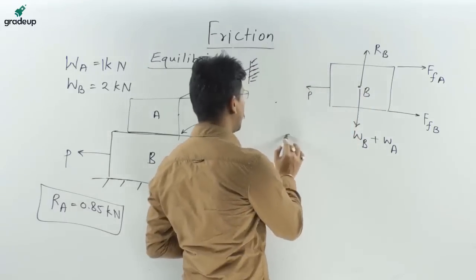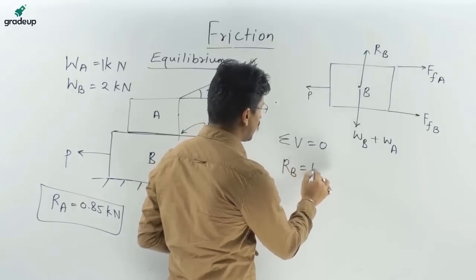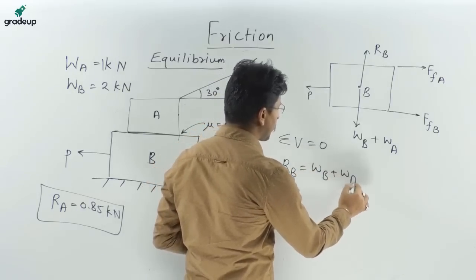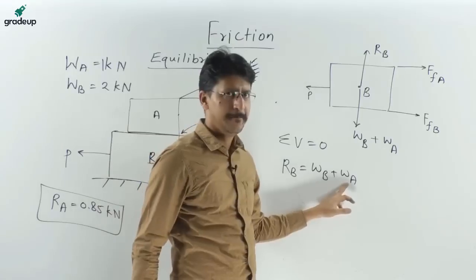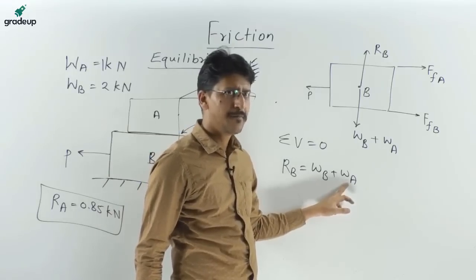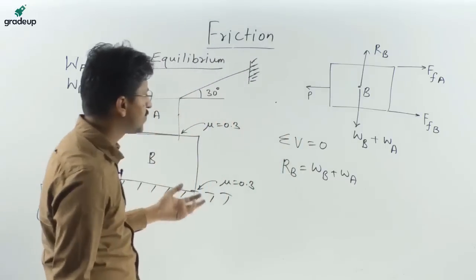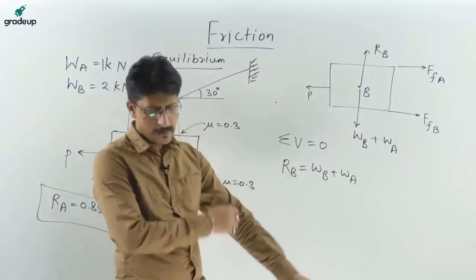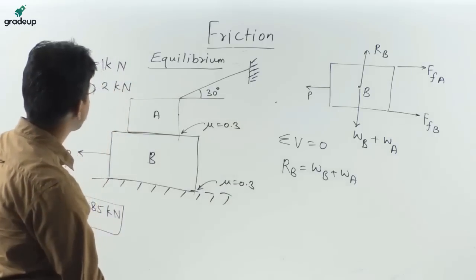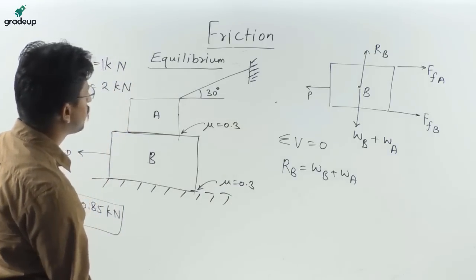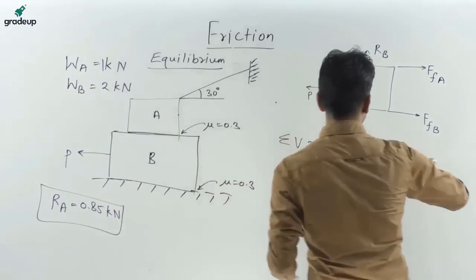Now again writing the equilibrium equation, summation of forces in the vertical direction equal to 0, that is RB is equal to WB plus WA. Is it right? Yes? This will not be WA.